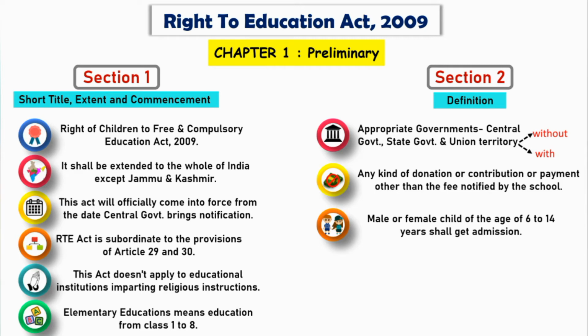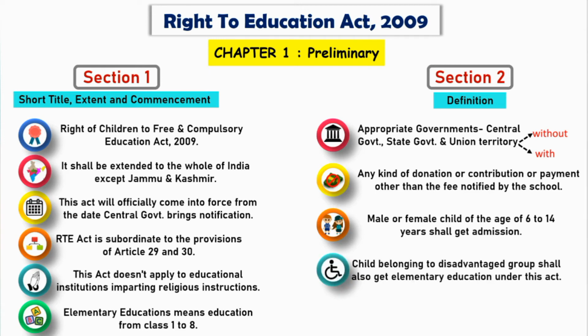A child, either boy or girl, of the age of 6 to 14 years will be given free and compulsory education. A child with disability belonging to a disadvantaged group, scheduled caste, scheduled tribe, socially and educationally backward class, or group having disadvantage owing to social, cultural, economic, geographical, linguistic or gender reasons will have the advantage of the Right to Education Act.